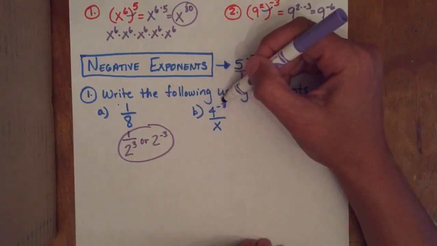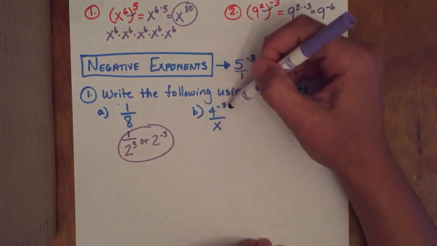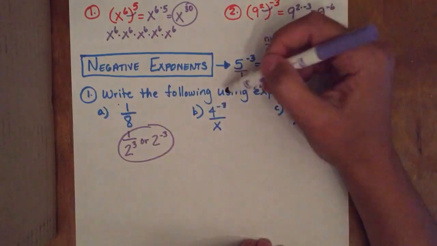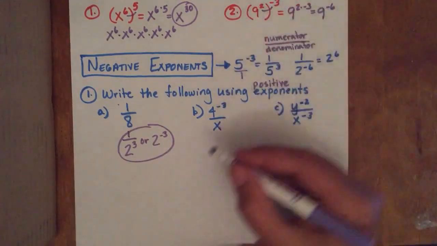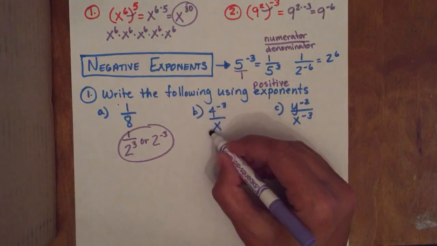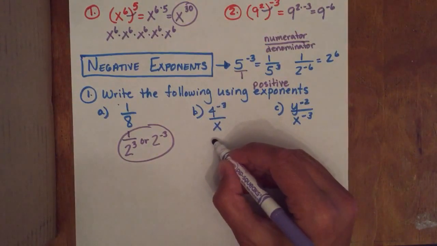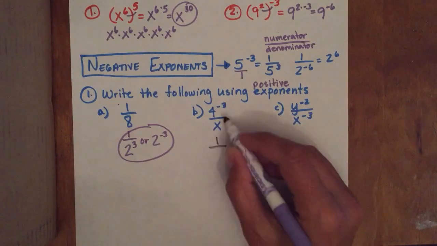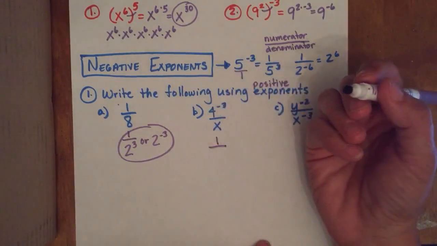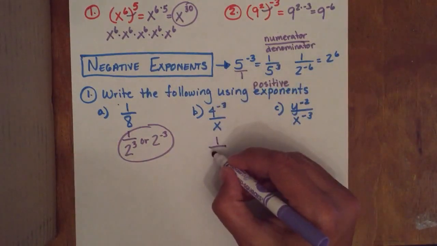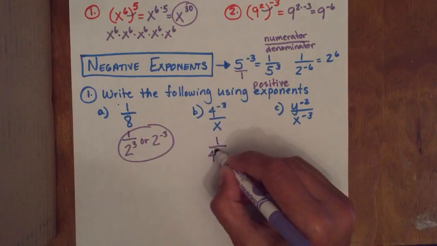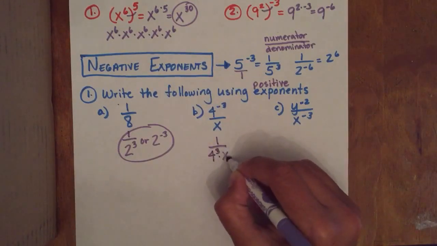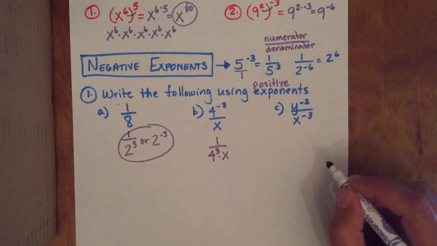I've got 4 to the negative third in my numerator and x in my denominator. So let's make that positive. I'm going to move the 4 to the negative third down to the bottom. That's going to leave me with a 1 only on top, because essentially what you're doing is dividing. And then I'm going to have 4 to the positive third times x in my denominator.